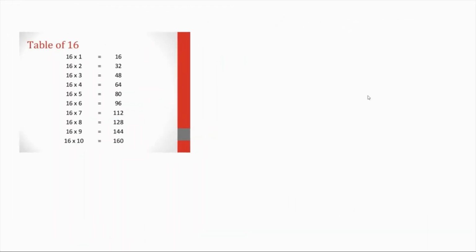Now, with that, let's put that on our left side, and we will have an example here of using this table. So let us say we have the number 78. The reason why we need to memorize the table of 16 is that in order for us to convert a denary number to hexadecimal, we need to keep on dividing it.